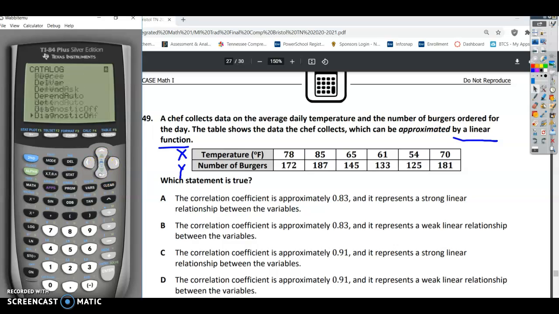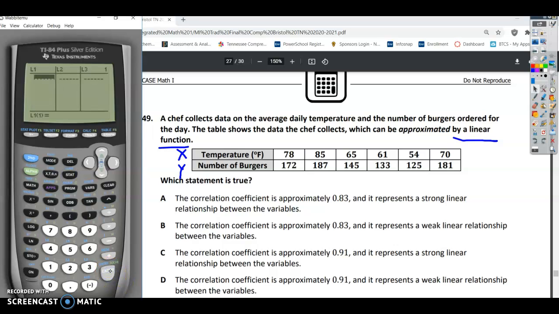So there's a diagnostics off and there's a diagnostics on. I'm going to hit enter, but then I have to hit enter a second time to turn it on. All right, so now when I write an equation, it's going to give me my R, which is my correlation coefficient.